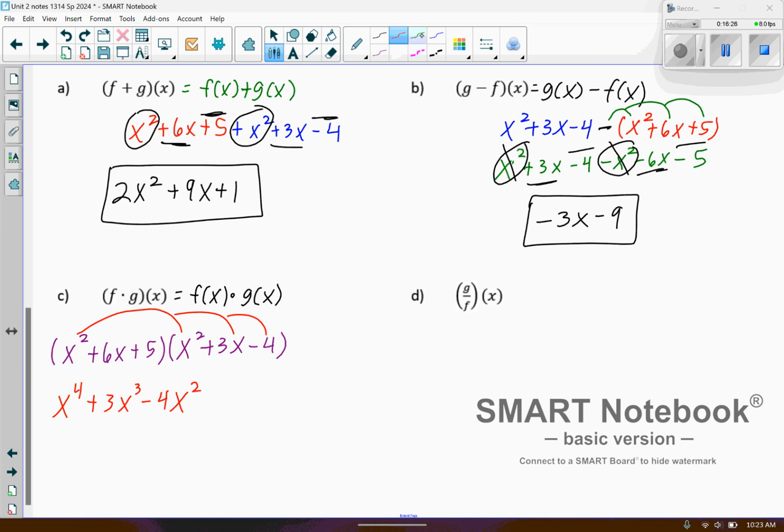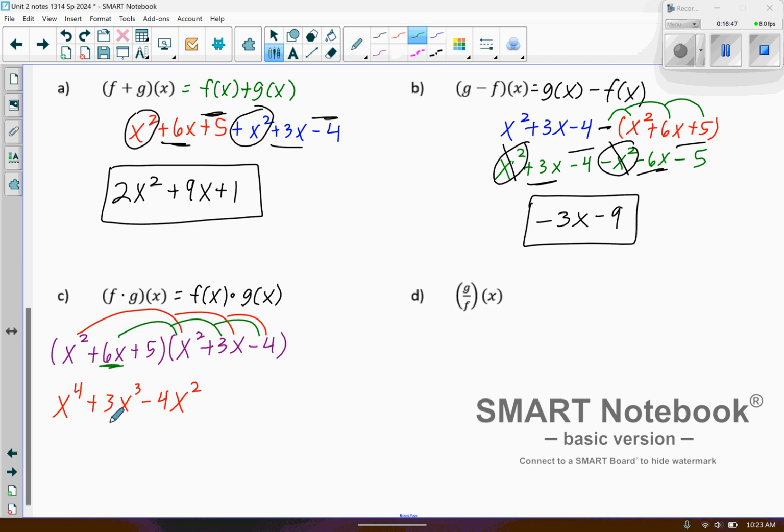Okay, now we're going to do the same thing, but the 6x is going to multiply by all three of these. So let's see, 6x times x squared is 6x cubed. Now, once again, this thing would be written out really far if I just keep tacking them on horizontally. So instead, I'm going to do the vertical columns.